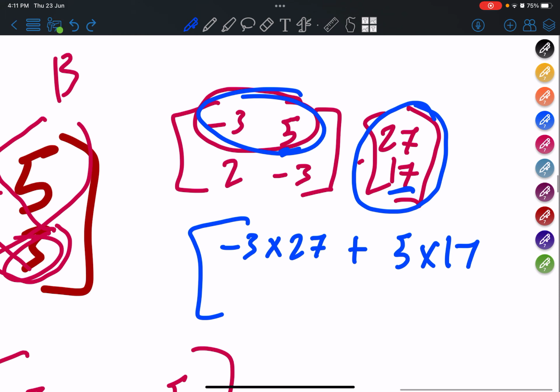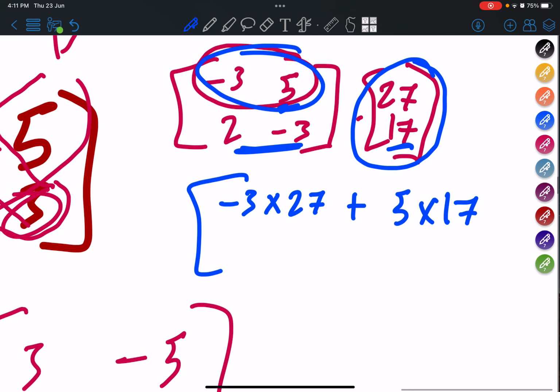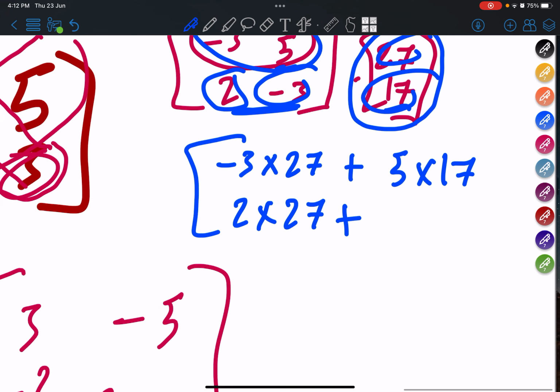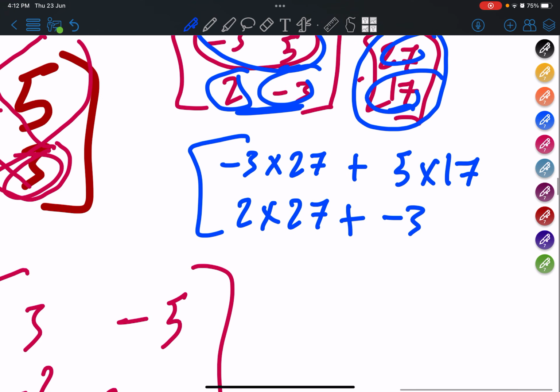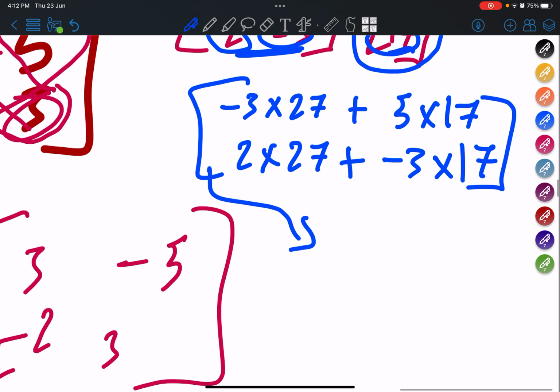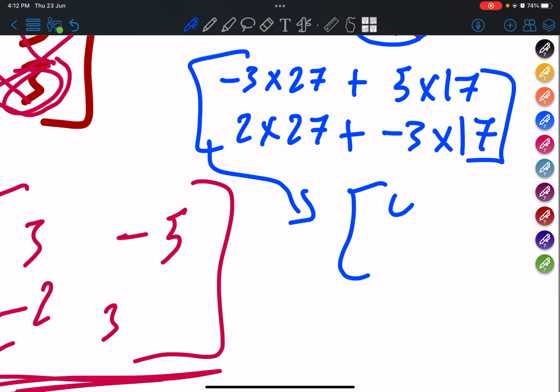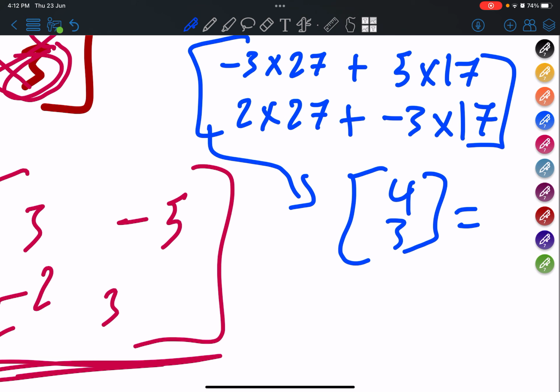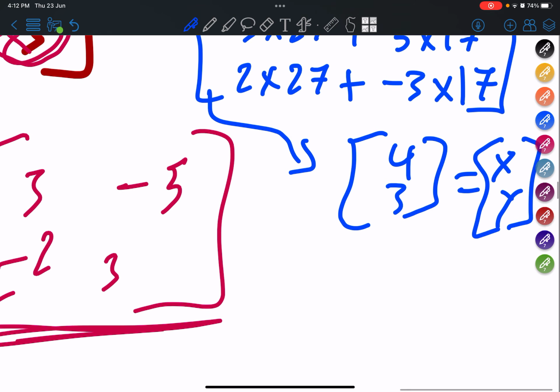And since here we have a second row, we will take 2 times 27 and make a new row. So it becomes 2 times 27 plus 3 times 17. So this will equal, I believe, 4 over 3.